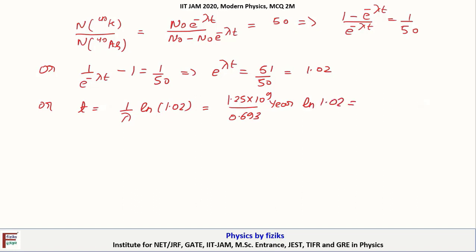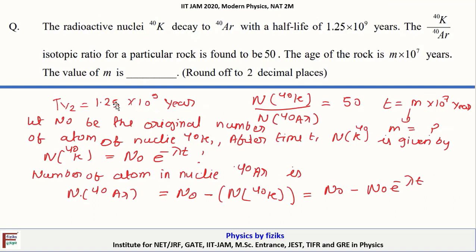When we solve this value, it turns out to be 3.57 times 10 to the power 7 years. So this can be written as m into 10 to the power 7 years. The value of m is 3.57. So the value of m here is 3.57.